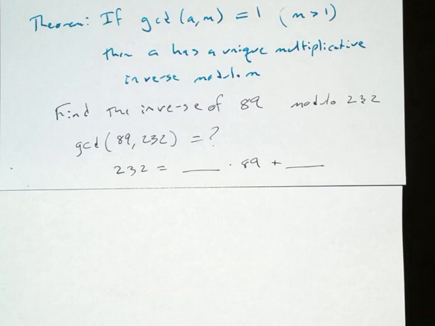Now you could do the entire calculation of greatest common divisor on your calculator, but knowing that the greatest common divisor should be 1 doesn't help me get the inverse. I need all the steps to do the Bézout coefficient work that we did on Monday. So, walk me through this. What times 89 plus what?